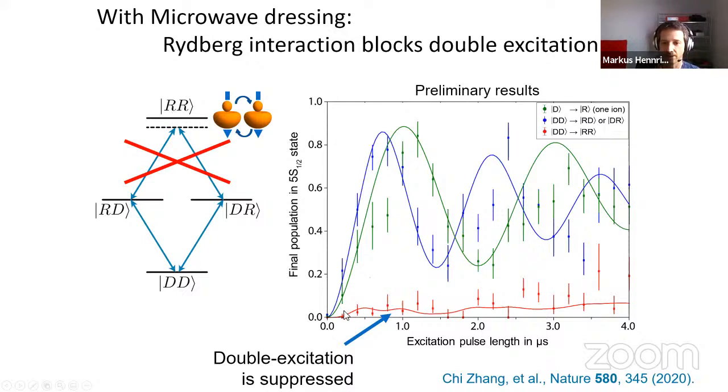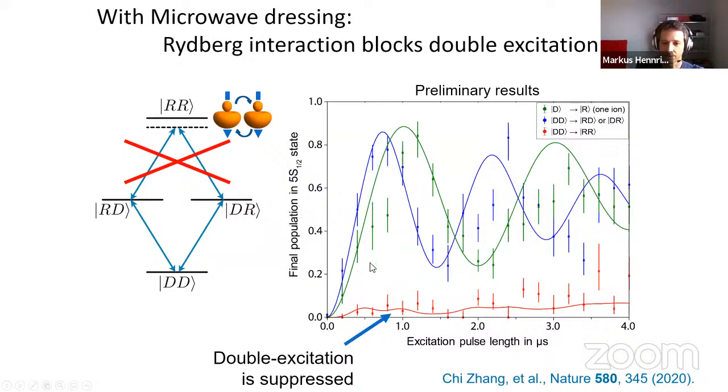What you see here in the data is what we would expect: the green curve of a single ion being excited to the Rydberg state, a Rabi oscillation, follows the same curve as before, but the red curve is now very strongly suppressed, which means it is no longer possible to excite both of the ions at the same time into the Rydberg state. So we see this shift out of resonance of the two ions being excited into the Rydberg state, and due to that, the Rydberg blockade is proven.